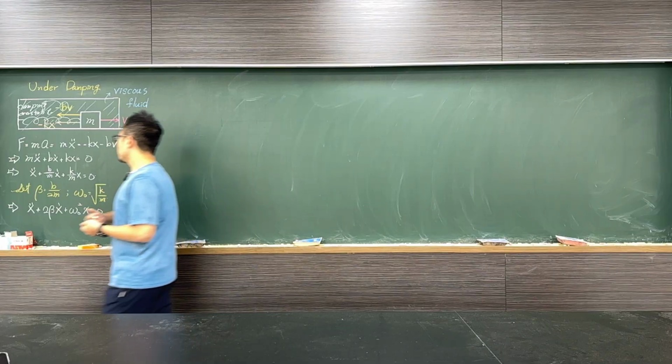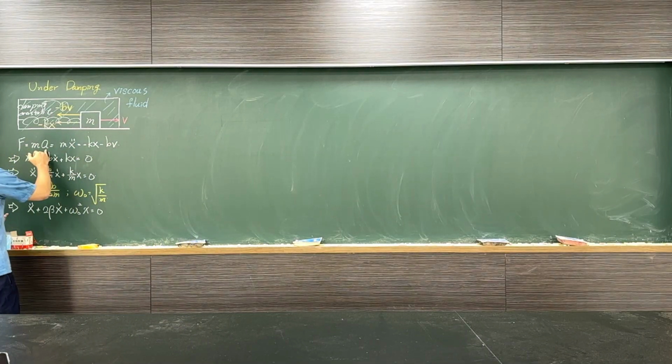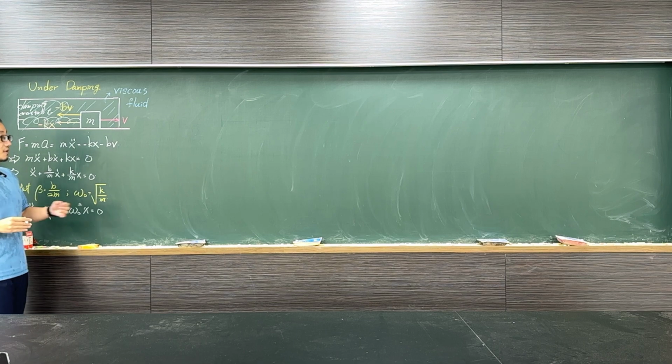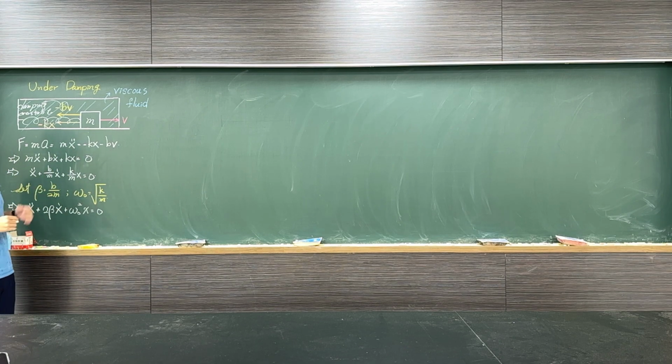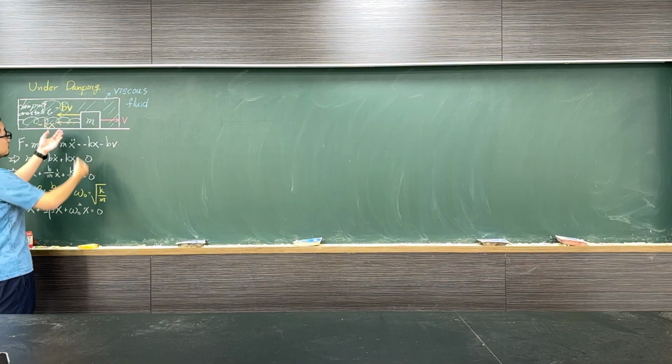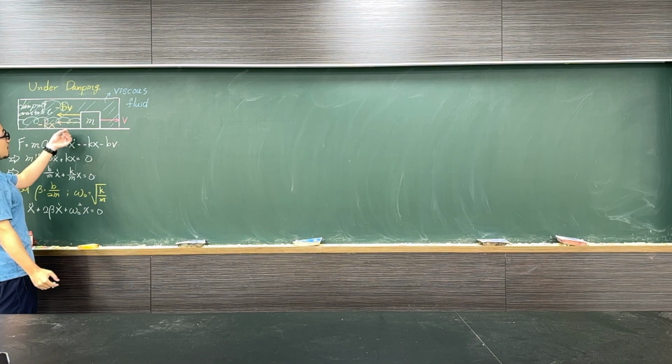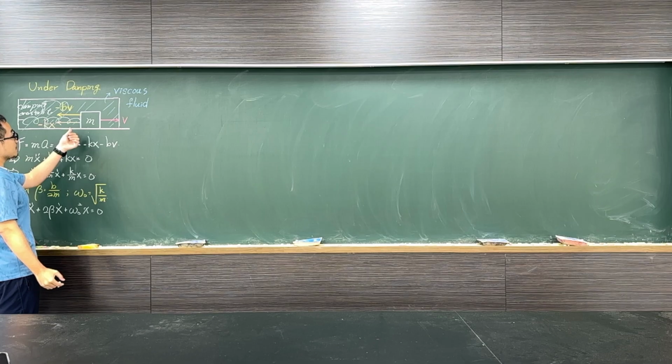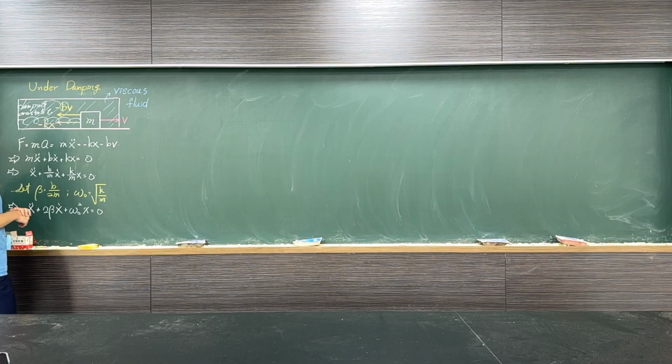So starting from F equals ma, the a can be written as x double dot, the second order derivative of position with respect to time. And if I now move to the right, the spring force and the resistant force will act on you, and the direction is pointing to the left. So we get minus kx and minus bv.